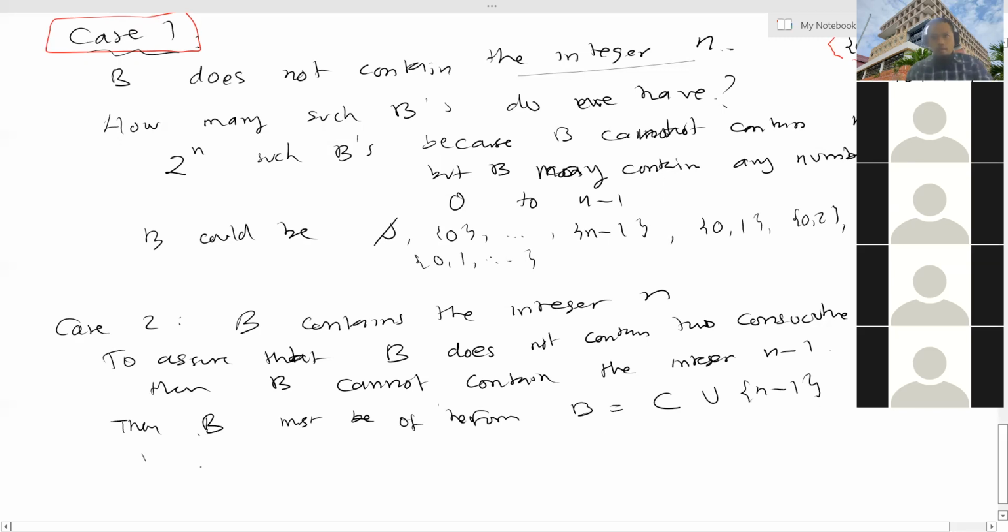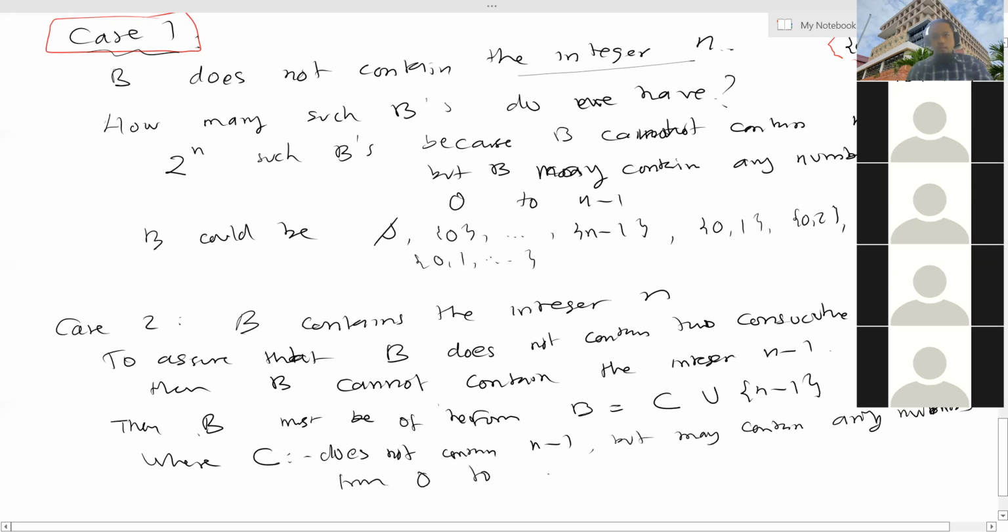Where C, in this case, does not contain n minus 1, but may contain any numbers from 0 to n minus 2.